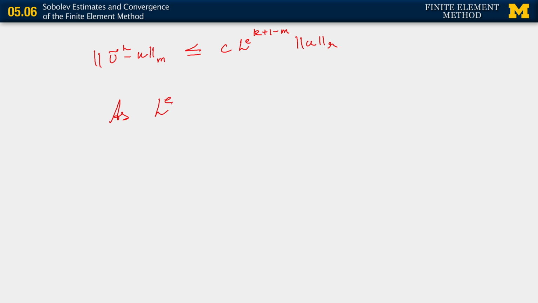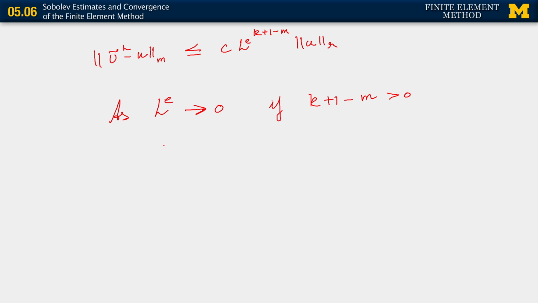But that tells us then that now as h_e tends to 0, if our quantity k plus 1 minus m is greater than 0, what happens with the norm of the interpolation error? It vanishes, right? It vanishes at the rate k plus 1 minus m.